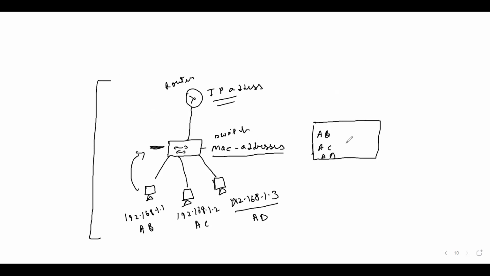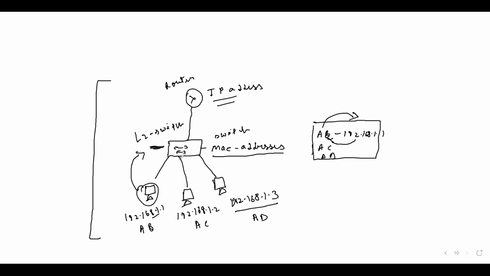So how will the switch know which MAC address has that IP? Because a switch doesn't know IP addresses. This is a layer 2 switch. It will work only on a MAC address basis. Suppose this device has an IP address, 192.168.1.1.